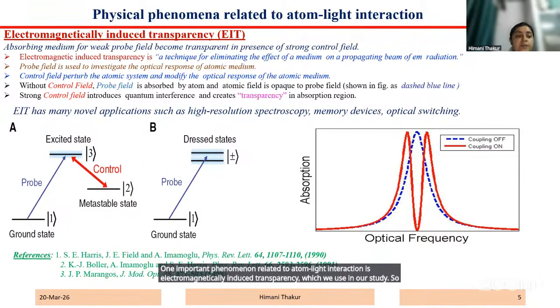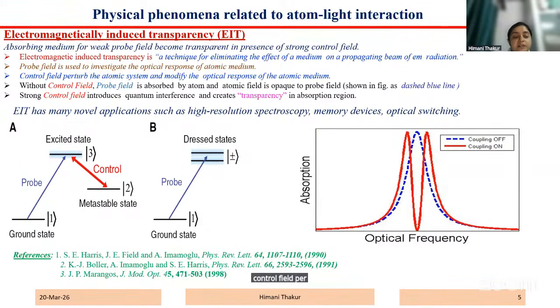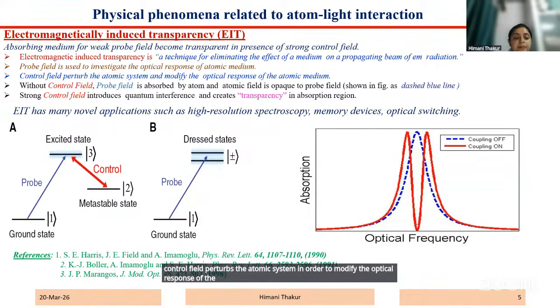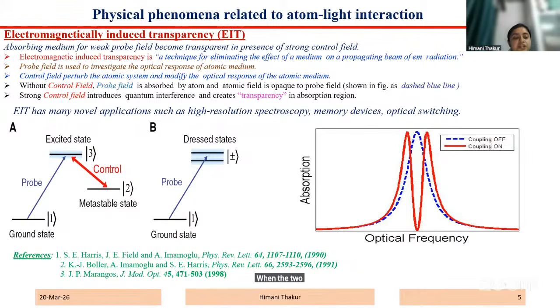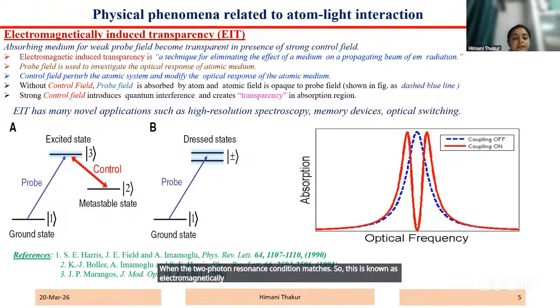The probe field is used for optical response investigation of the atomic media and doesn't perturb the atomic system, while the control field perturbs the atomic system in order to modify the optical response of the atomic medium. In the weak probe and strong control field regimes, the resonant probe field passes without being absorbed in the atomic medium when the two-photon resonance condition matches. This is known as electromagnetically induced transparency.